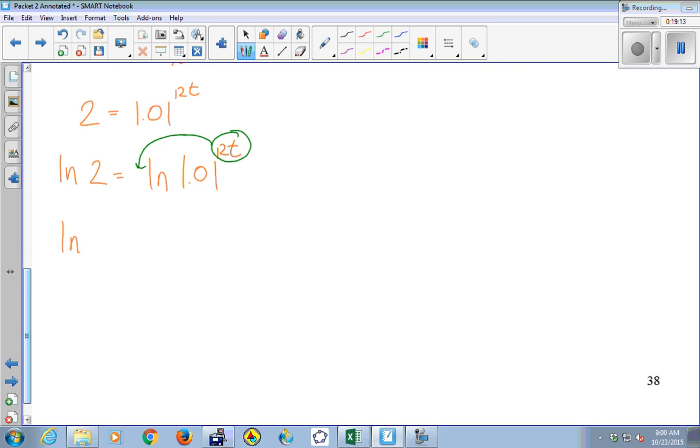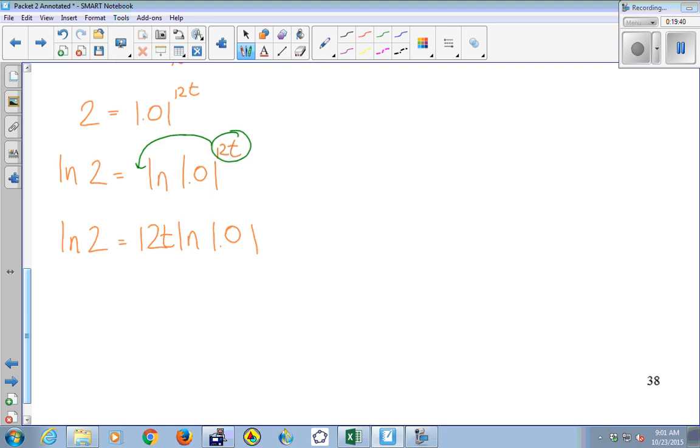So this becomes ln 2 equals 12 times the ln of 1.01. 12t, yes, thank you. We can do a little justification of why they're equal as soon as we finish this, if you want.